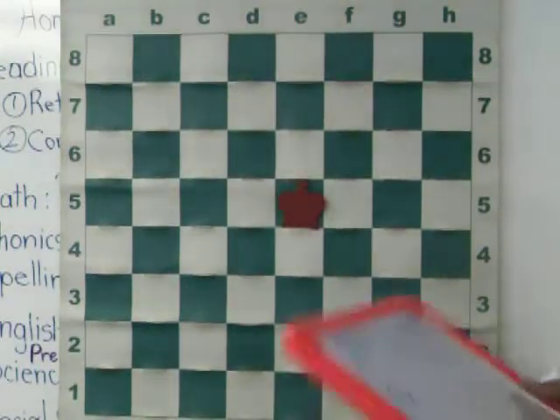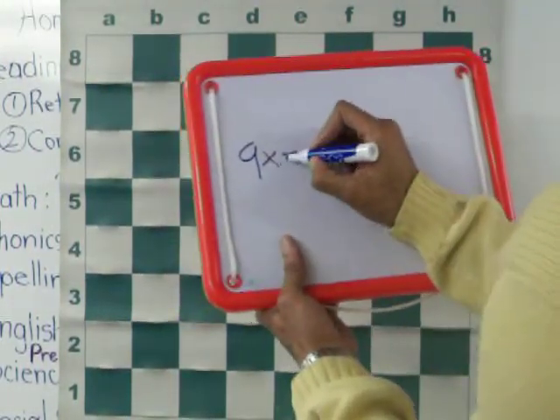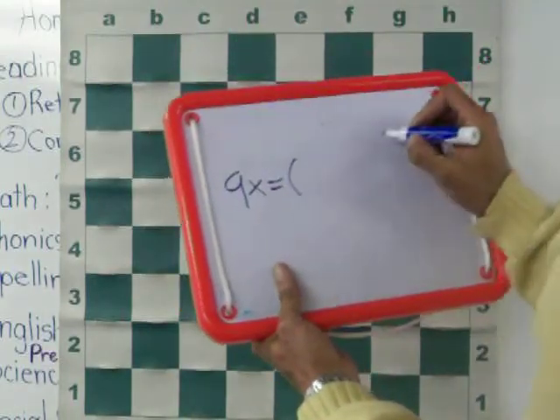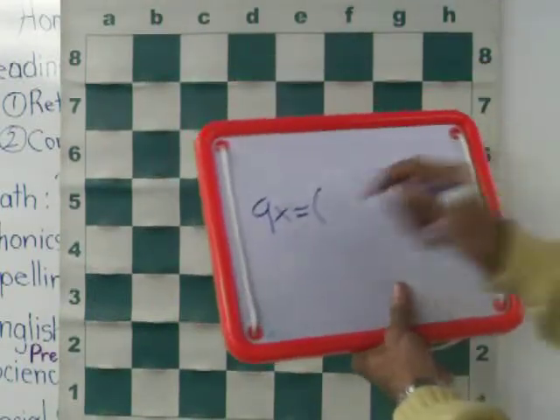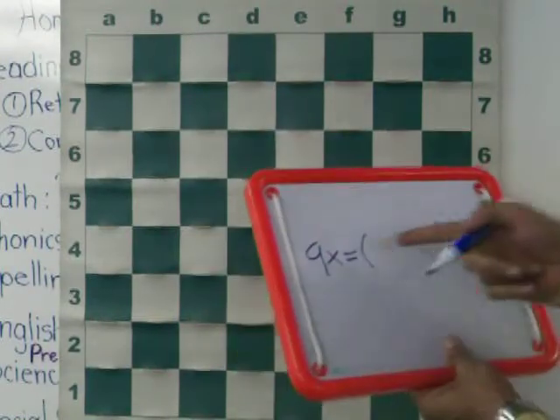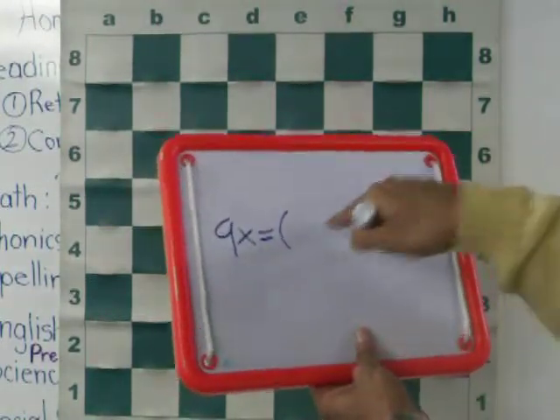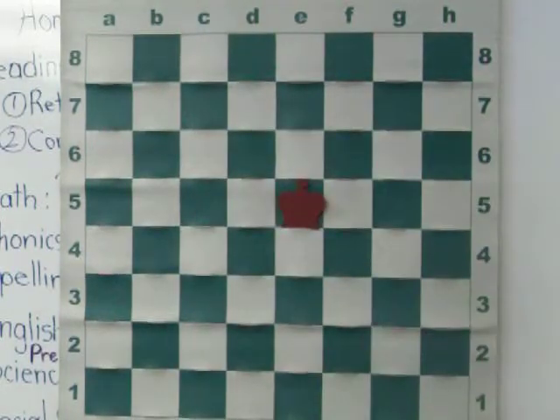Now, we teach the children that no matter what, 9x is equal to an idea. And we teach the children that this represents the inside of their head. If I were to draw ears and eyes in the middle, you get the point. But in this situation, the idea is right here, and it will be expressed here on the board.